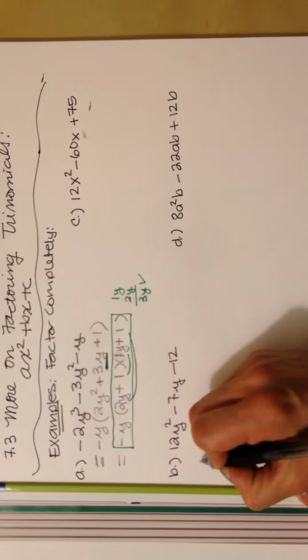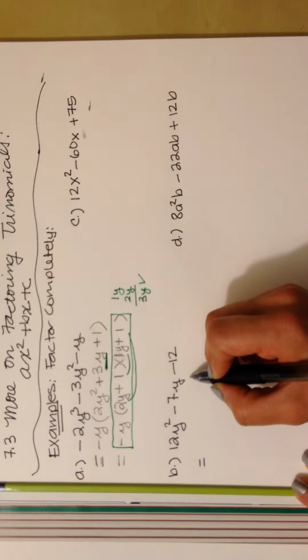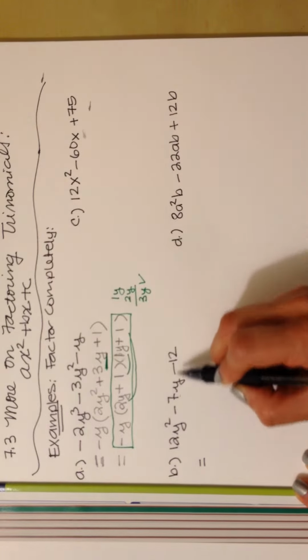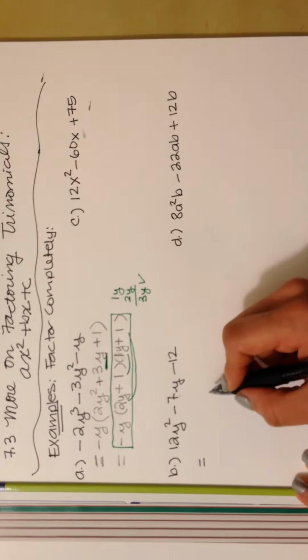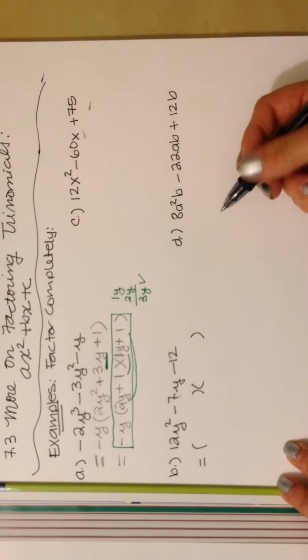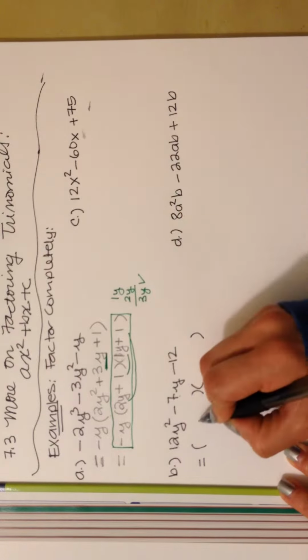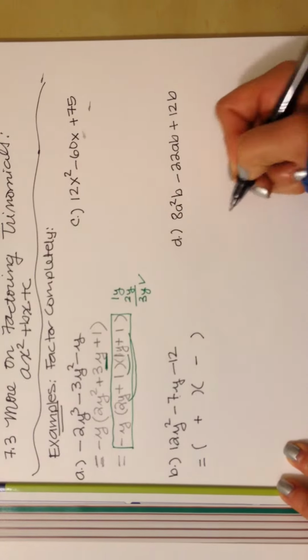Okay, so for B, order is good. We want to look to see if we have a greatest common factor. So between 12, 7, and 12, there is no GCF. So then two parentheses. According to the sign rules, if the last term is negative, we have to have opposite signs.